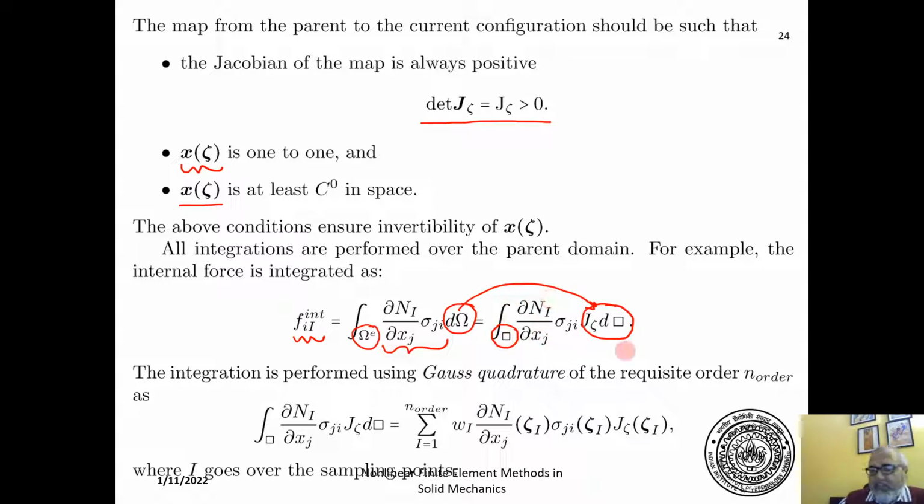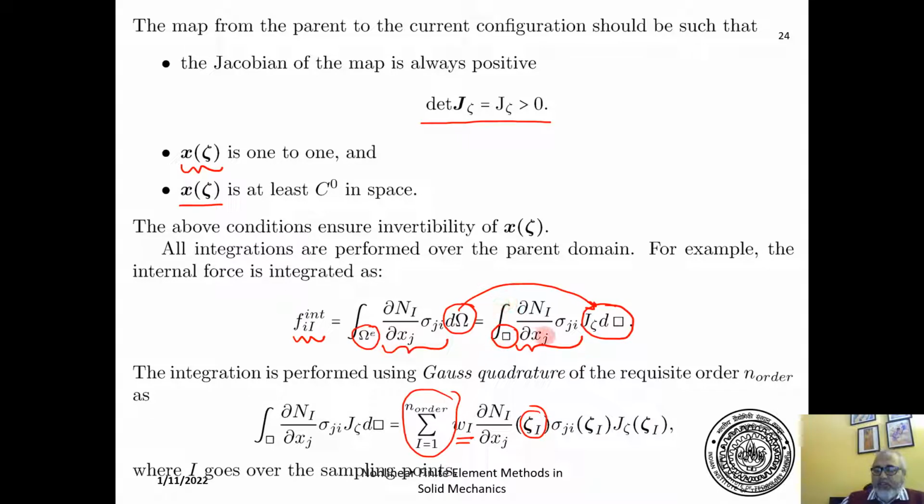The integration converting to the parent domain allows us to use Gauss quadrature of a requisite order. The order depends on the polynomial hidden in this expression, but once we know the order, we do not calculate this integral explicitly. We do it through Gauss quadrature by converting it into a summation from I equal to 1 to n order, and depending on the order we have weights and integration points zeta_I.